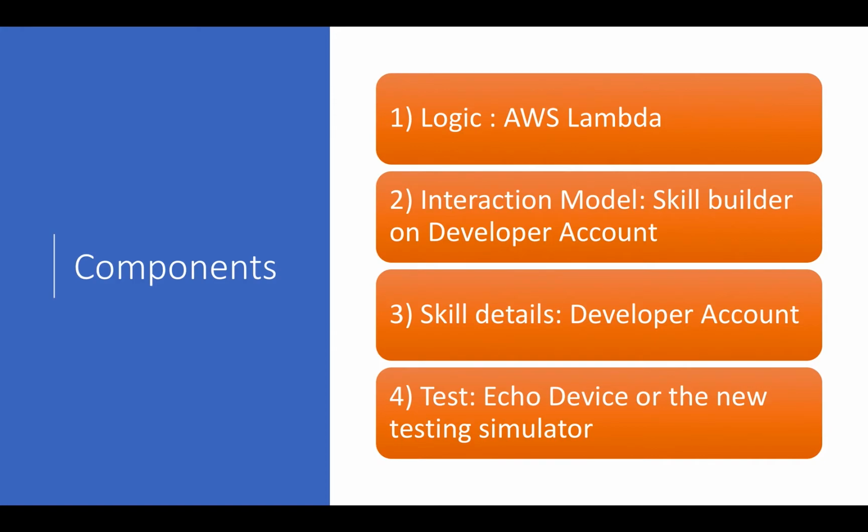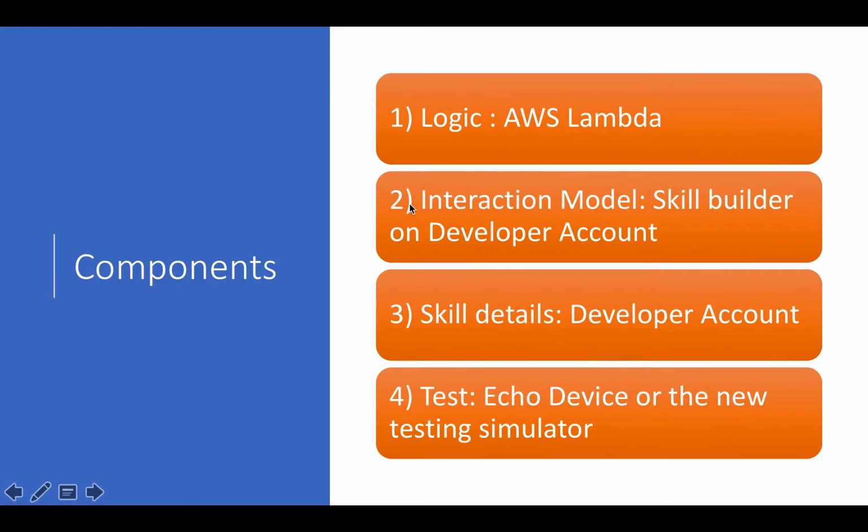Now, one of the things that we need is a logic, right? Logic is a piece of code that does something, and even though we can use any server with HTTPS capability, AWS Lambda is a service within AWS that's very easy to integrate with an Alexa skill. So we will be using AWS Lambda once again.